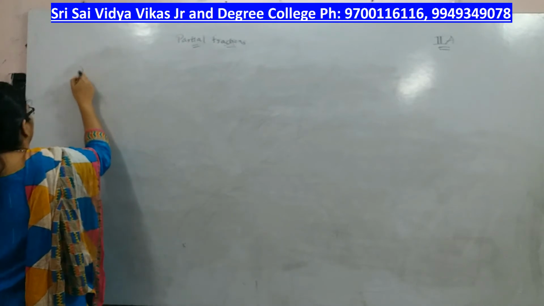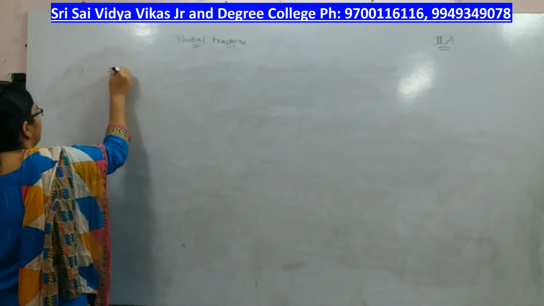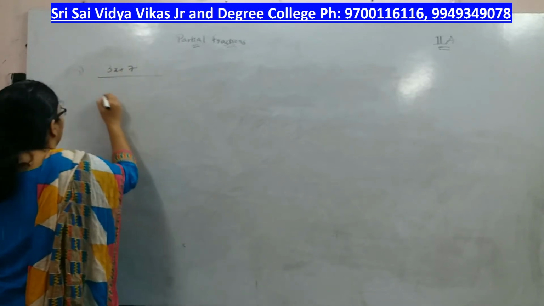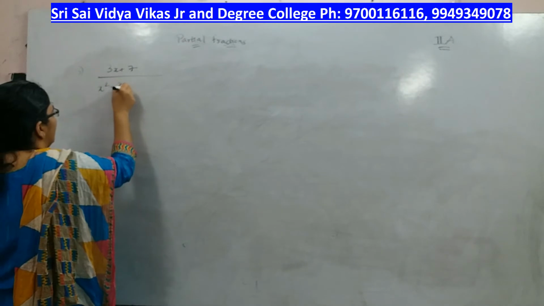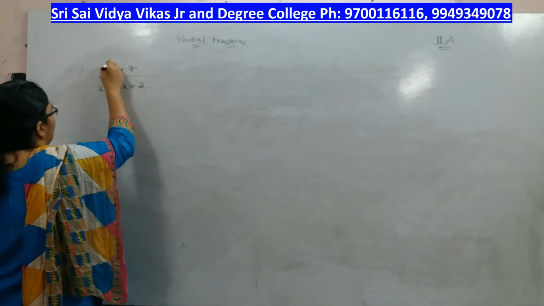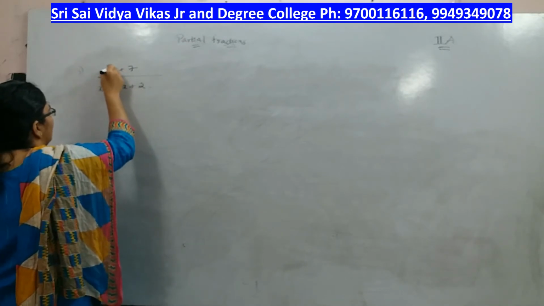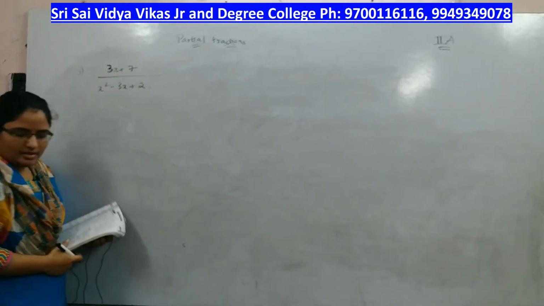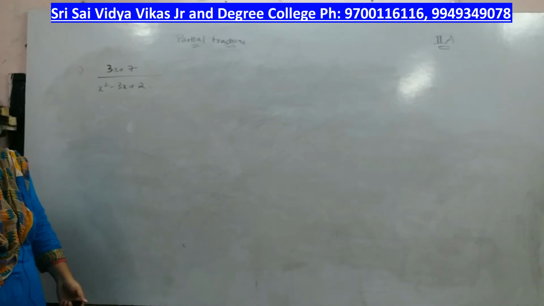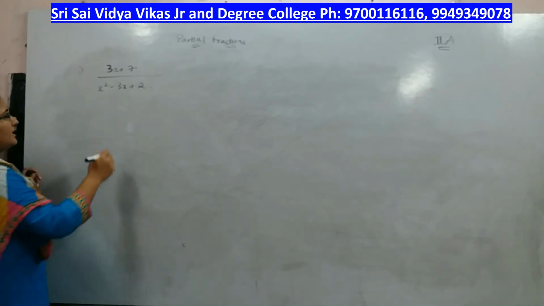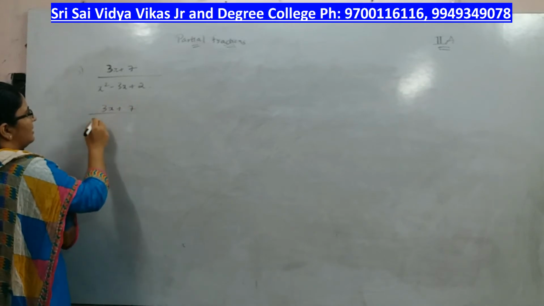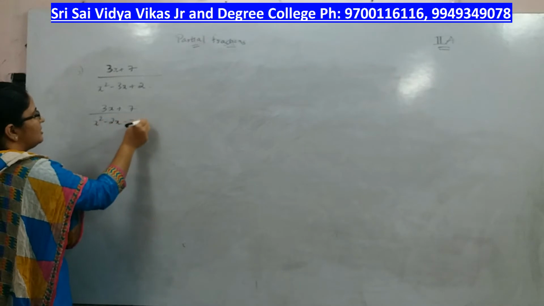Third one, 3x plus 7 by x square minus 3x plus 2. This is what you get. First of all, we have to factorize this x square minus 3x plus 2. 1 into 2 is 2, so x square minus 2x minus x plus 2.